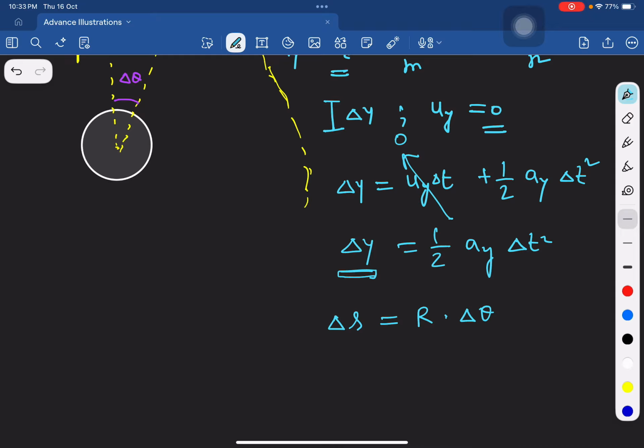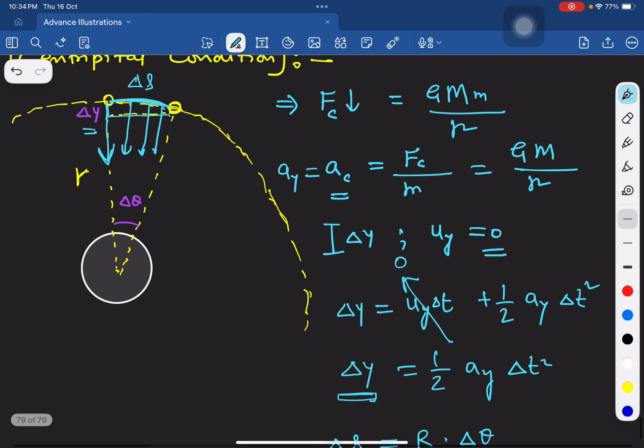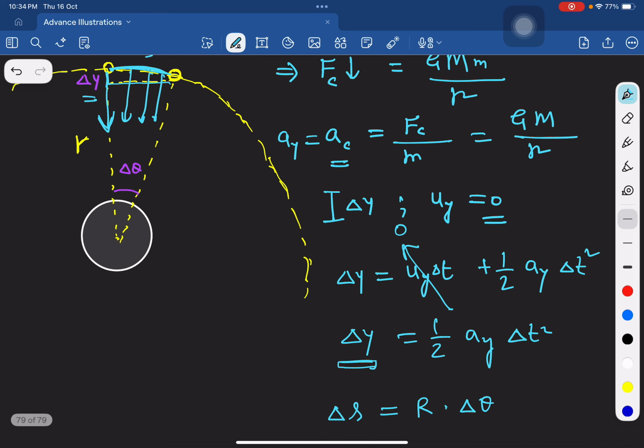So this delta y we have, and delta y we have to replace. Okay, so we don't need to go in this direction, I guess. So leave this thing, let me go in the other way. Okay, so guys, this we got.